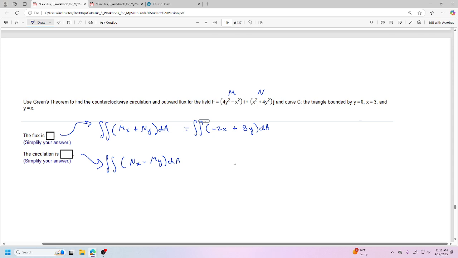I just want to make sure that I get it ready. For the second one, n in terms of x. Very good. Minus, and then m in terms of y. Beautiful. You got it.